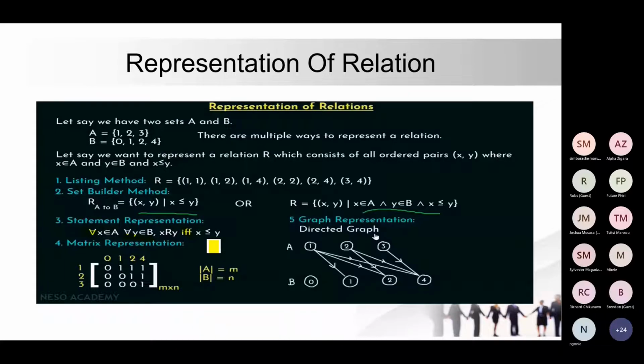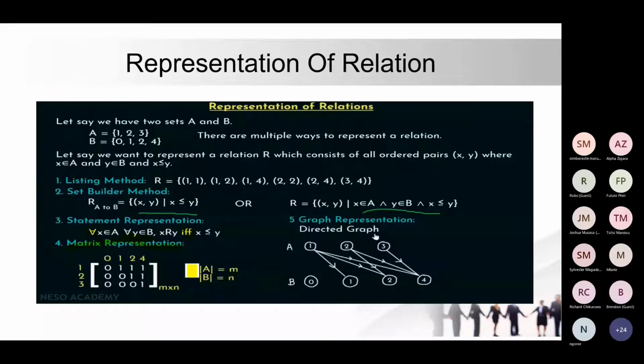Now let's look at the fourth representation, the matrix. I really wanted to discuss this representation. It is quite simple, and sometimes it can help us find the solution of a question easily. I'm sure we are familiar with the word cardinality, which is the number of elements in a set.